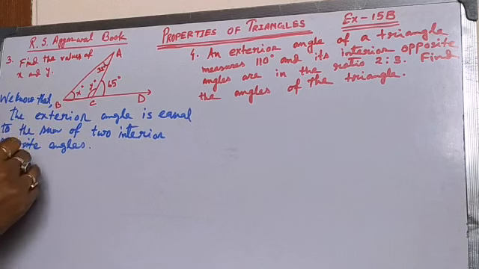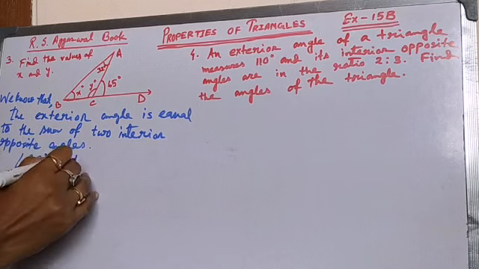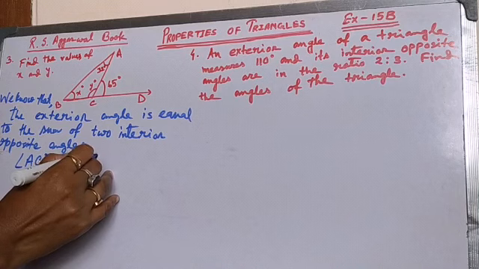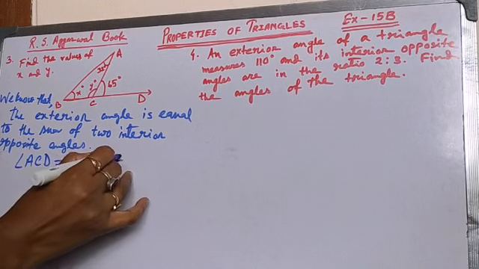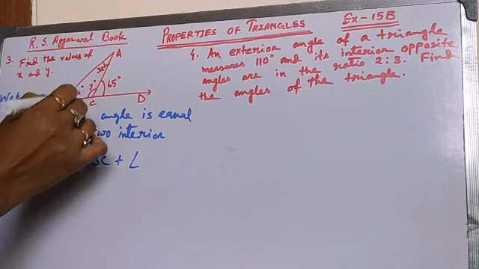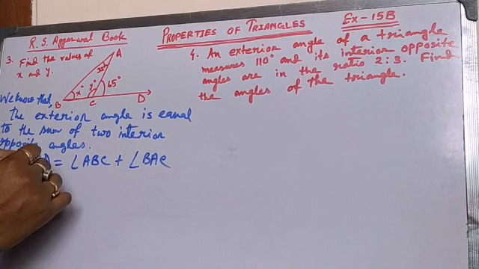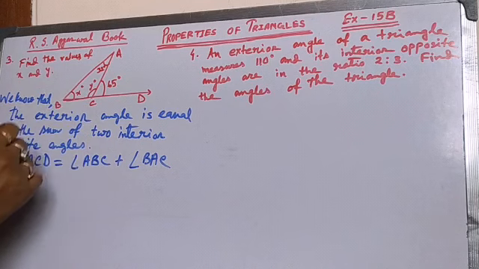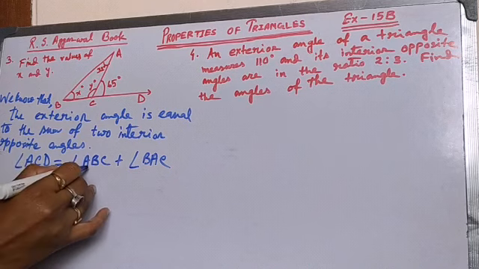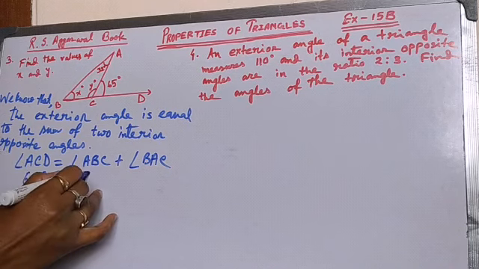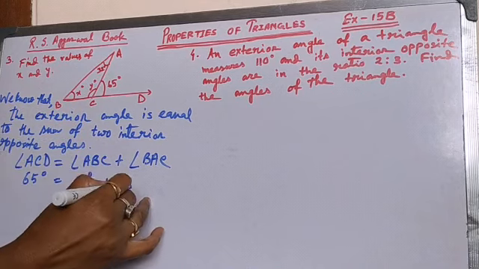That means angle ACD is equal to angle ABC plus angle BAC. Putting the values, angle ACD is 65 degree, angle ABC is x degree, plus angle BAC is 32 degree.